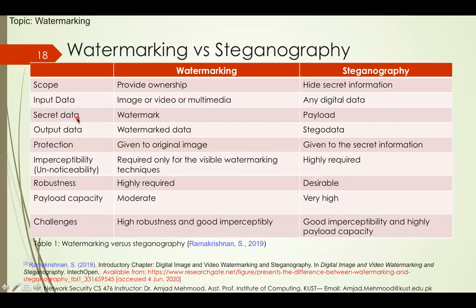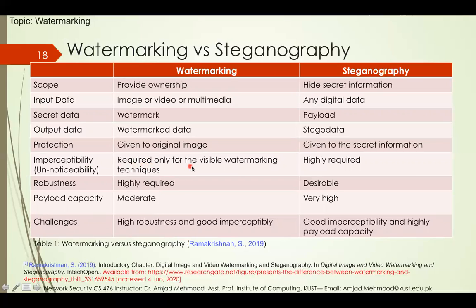Secret data: in watermarking it is the watermark, and in steganography the secret data is your payload. Output data: watermarked data, and in steganography, stego data. Protection is given to the original image in watermarking, while in steganography the protection is given to the secret information.